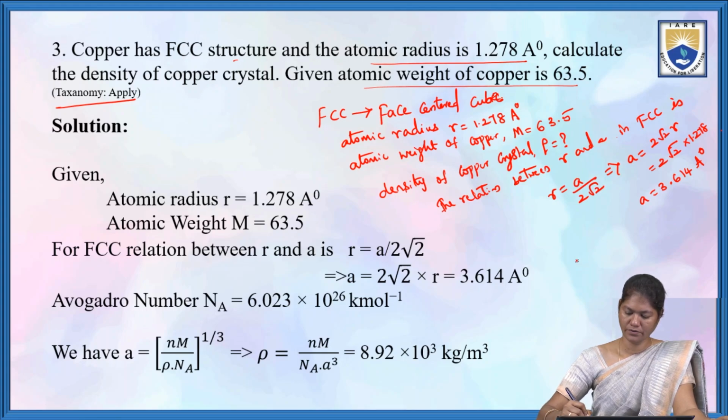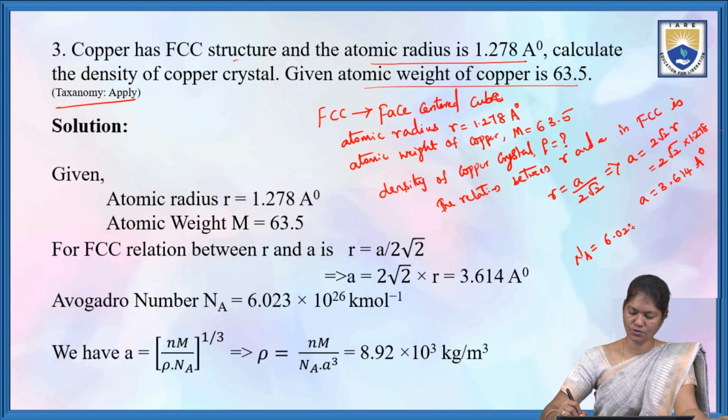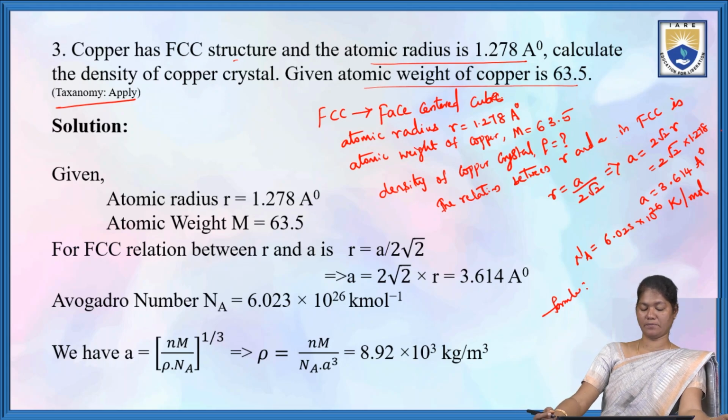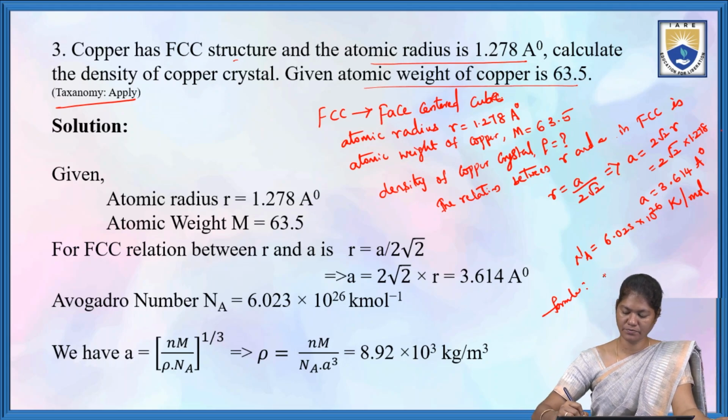We know the Avogadro number is 6.023 into 10 power 26 per kilomole, and the formula to calculate the density: A is equal to Nm by rho Na, whole power 1 by 3.